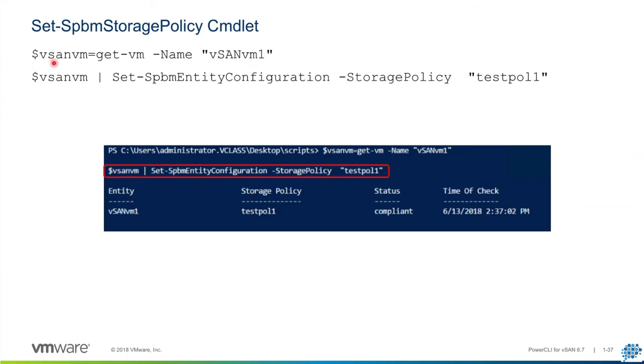I'm storing it in a variable called vSANVM, and then I just pipe in the virtual machine and execute the commandlet Set-SpbmEntityConfiguration, and I specify the storage policy testpol1 as the parameter, and that is all that is required to attach the storage policy to the virtual machine.